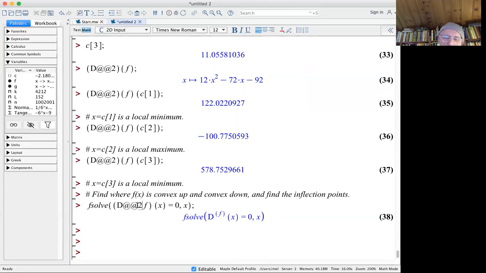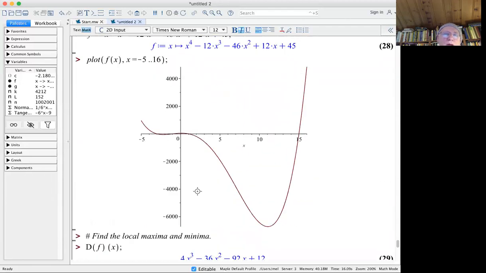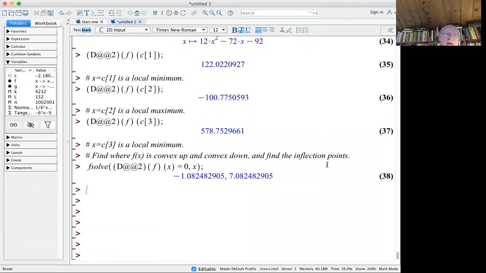Yeah, that's right. -1 and 7. So here at -1, the curve changes from concave up to concave down. And here at 7, the curve changes from concave down to concave up.